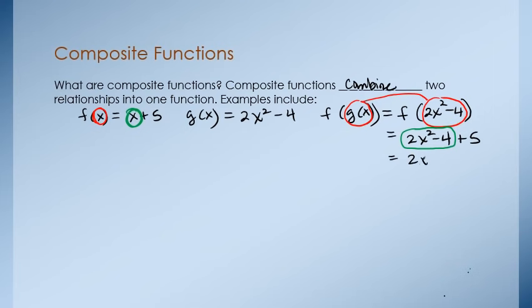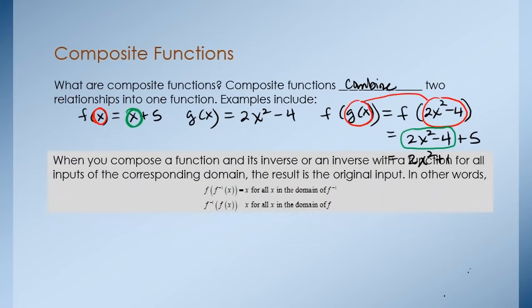And if I can combine like terms, I will. So I would get 2x squared plus 1. And that is what a composition of functions is. Now, an interesting thing happens when you compose a function and its inverse, or an inverse with a function. For all inputs of the corresponding domain, the result is the original input.